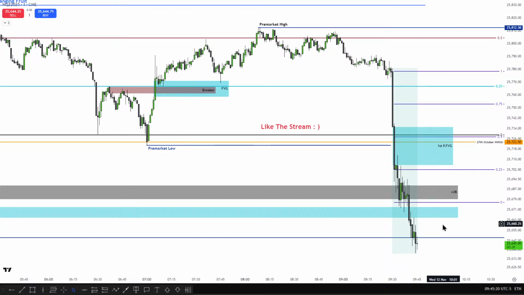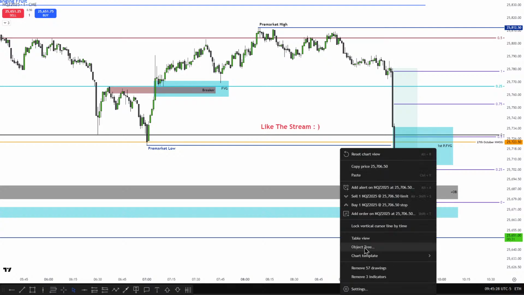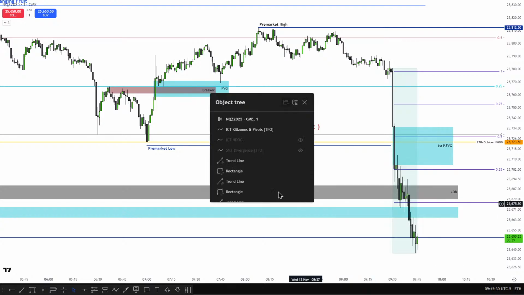Because I already used new day opening gaps from like a month ago, so if I'm going to use first presentation fair value gaps from a month ago as well, I'm just going to be too all over the place. I'll put the gradient levels back on.